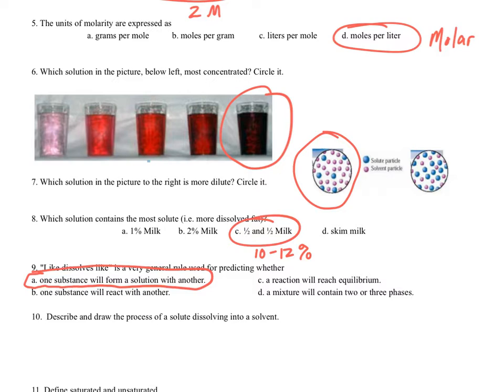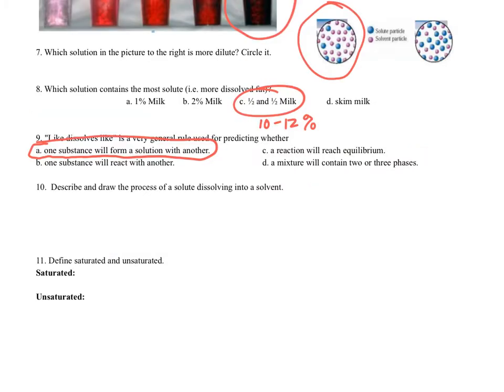Number 10, describe and draw the process of solute dissolving in a solvent. Now, first we might think of water molecules. You've got H2O, and the water molecule has a plus and a minus end to it.